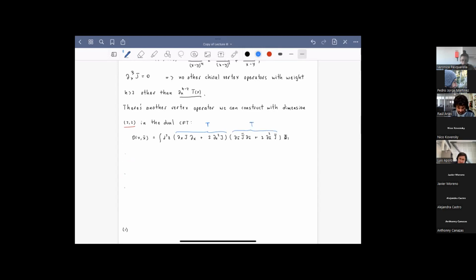You can check that the conformal weights with respect to the dual CFT of this piece is (1,0), this one is (0,1), and this one is (1,1). So indeed, this looks naively like an operator of dimension (2,2).